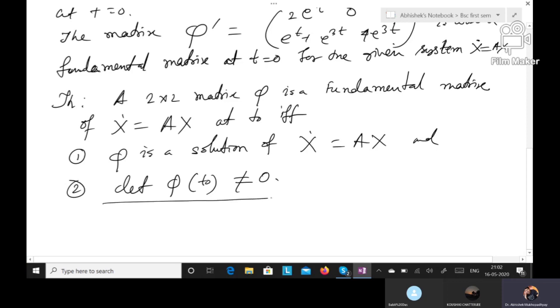And this portion is needed because we are to satisfy the conditions of a matrix to be a fundamental matrix. The definition of fundamental matrix is that at t0 the columns of the 2 cross 2 matrix phi must be linearly independent.